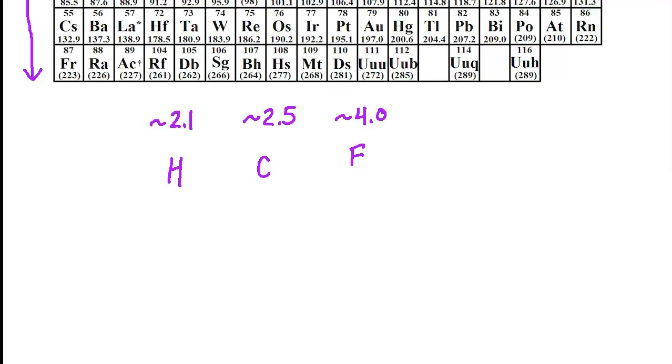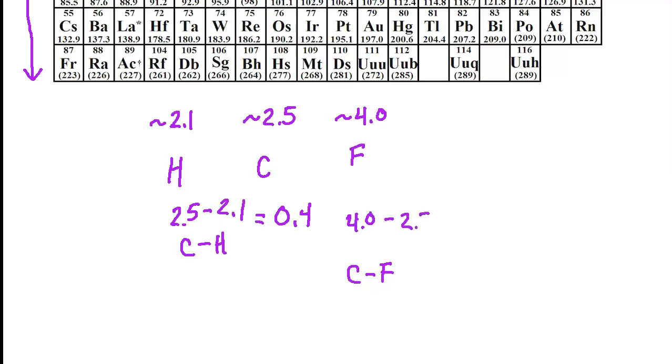So if I take a look at these, a carbon-hydrogen bond, if I look at the difference between these, I have 2.5 minus 2.1. So the difference here is 0.4. All right, now if I have a carbon-fluorine bond, I'm now looking at a difference of 4.0, now that's for the fluorine, minus 2.5.